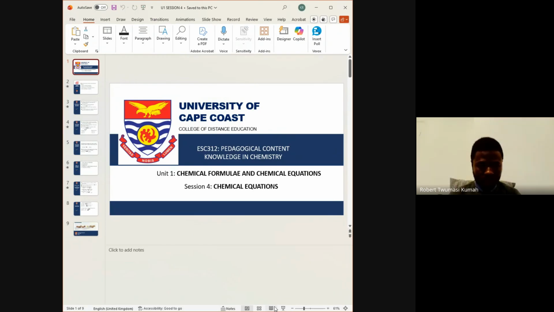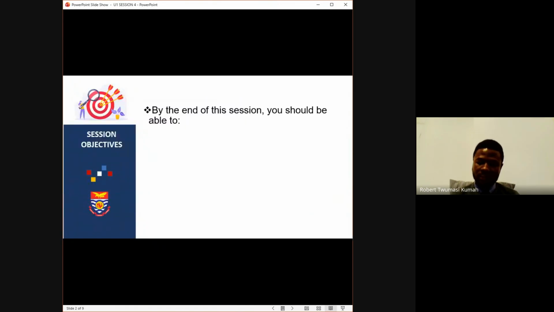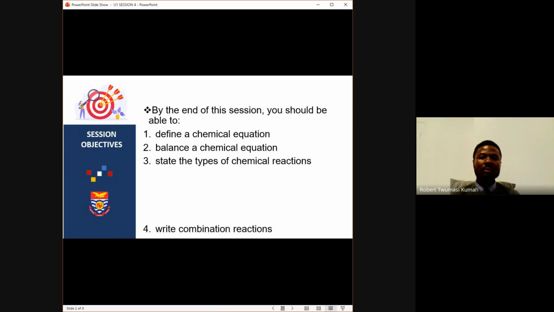So in this session, we are going to look at chemical equations, and our objectives are to be able to define a chemical equation, balance a chemical equation, state the types of chemical reactions, and write combination reactions.